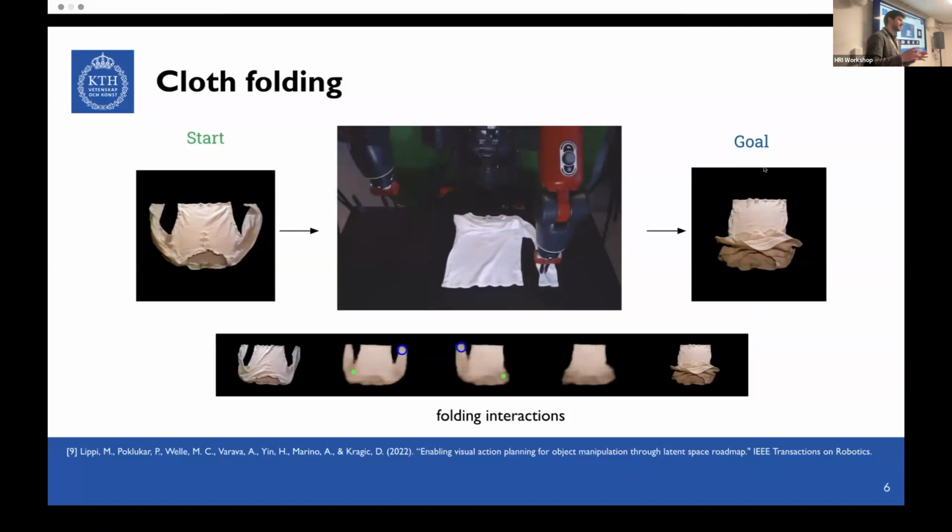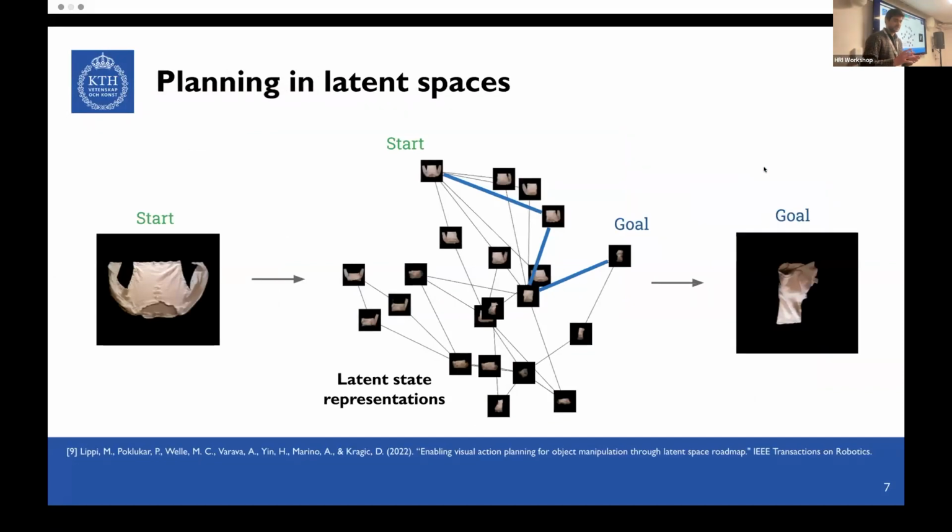But of course, this space being infinite dimensional, it's very difficult to plan this motion. But using the interaction information, and knowing when an action has occurred or not, we know when two states are different because an action has occurred, or when they are the same because no action has occurred, so we can cluster them together.